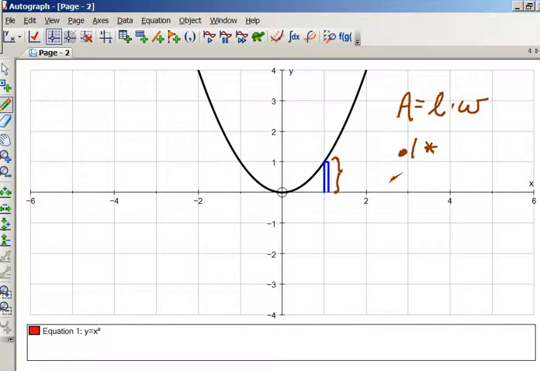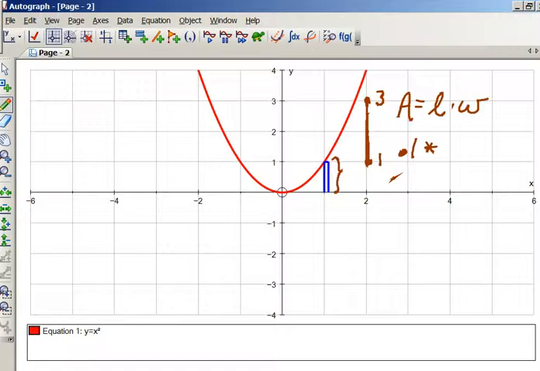If I were to ask you how long is that segment, you would obviously say 2, because the y-coordinate of the top point is 3, and the y-coordinate of the bottom point is 1, so 3 minus 1 is 2.